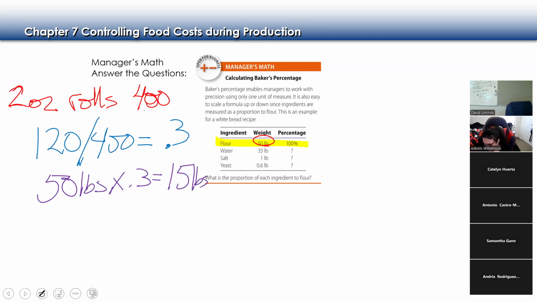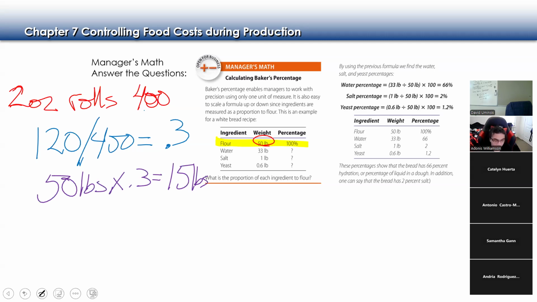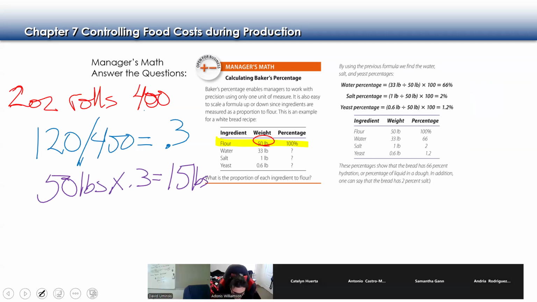So if 15 is my new flour weight, now I'm going to go back over here and multiply the 66% times 15 pounds of flour. What is 15 times 0.66? 9.9? Okay, thank you.